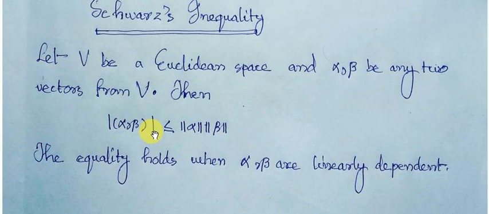A real number may be positive or negative, we are considering the modulus of that very real number, that means only the magnitude, the positive part, and this will be less than or equal to the product of the individual norms of the component vectors. That means less than or equal to norm alpha into norm beta. Norm alpha is the first component and beta is the second component. That is, mod of alpha comma beta is less than or equal to norm alpha into norm beta. This is called the Schwarz inequality. You have to keep it in your remembrance merely.